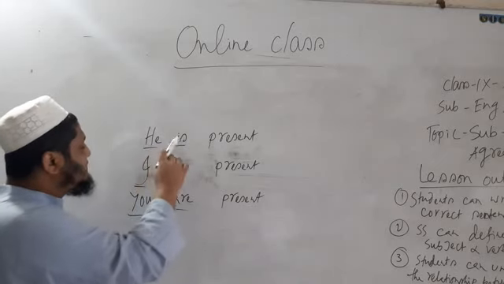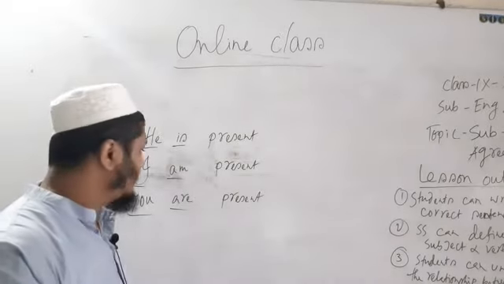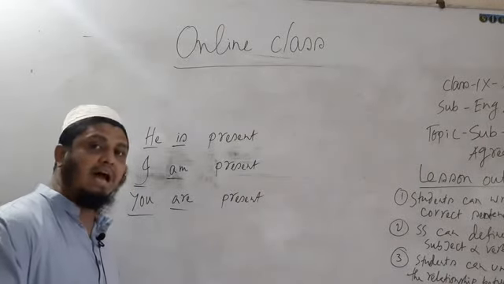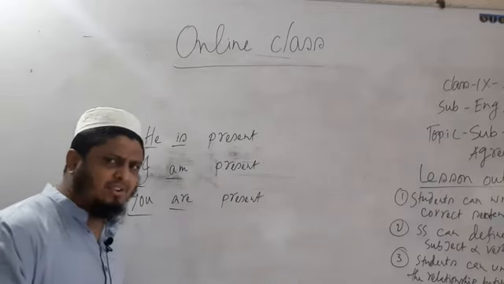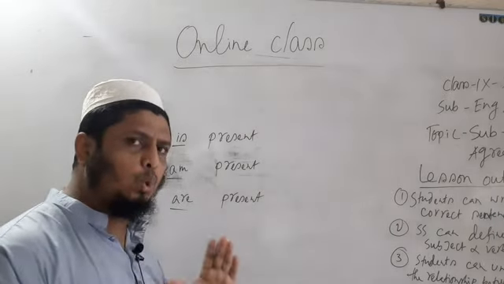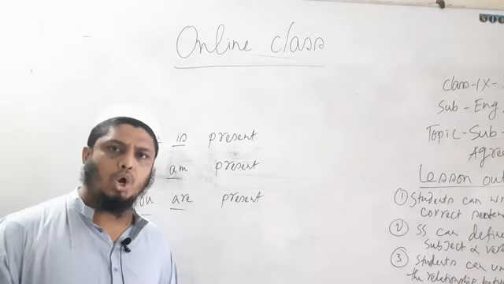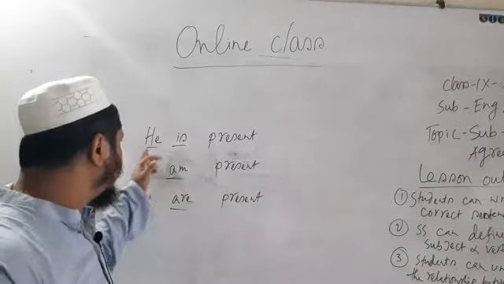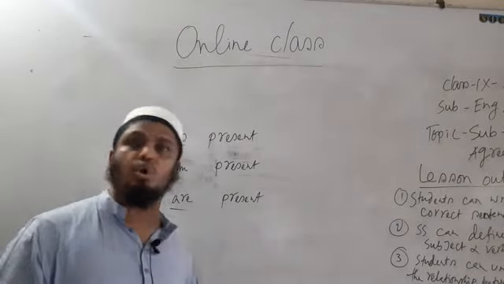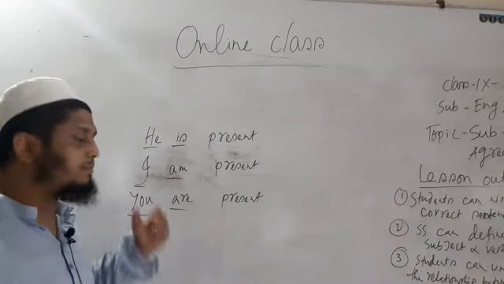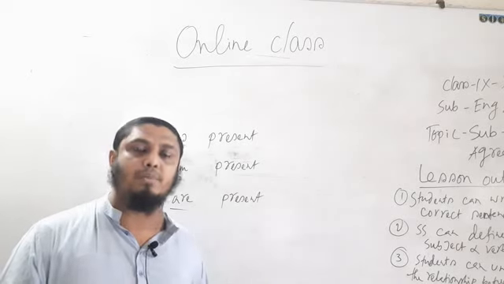Here, the verb is 'is'. But in the second sentence, the verb is 'am', and in the last sentence the verb is 'are'. So we can easily realize that there should be a connection or balance or agreement between subject and verb. If that were not so, all the verbs would be the same or all the subjects would be the same, but here different subject, different verb.